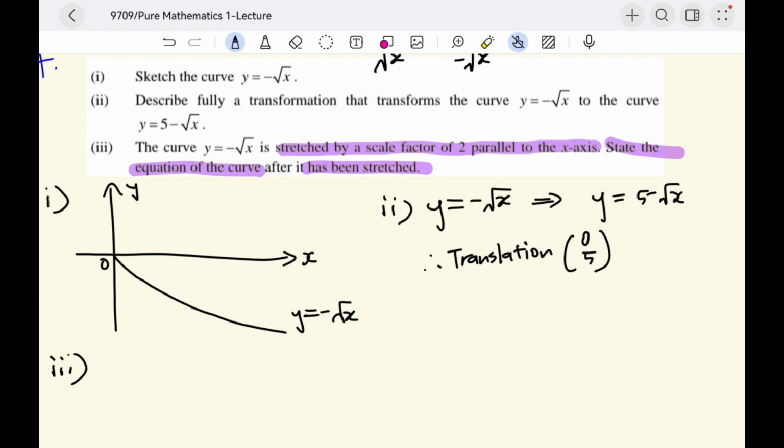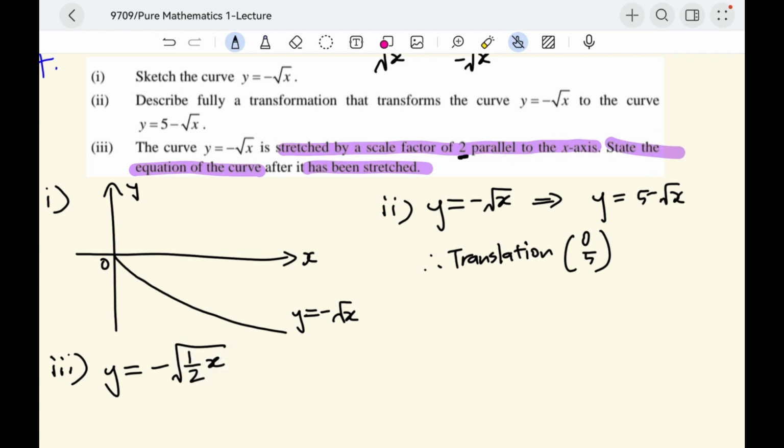Okay, scale factor of 2 means the x must be replaced by 1 over 2 x, because the transformation of the stretching involved in the x direction is always opposite from the vertical stretching. Okay, so you only state that y equals negative square root of half x.